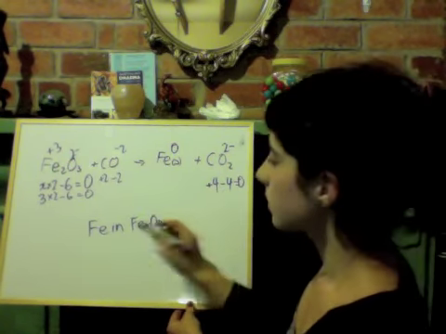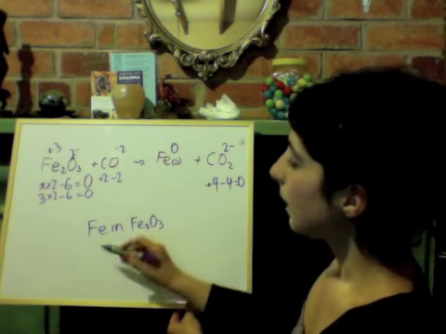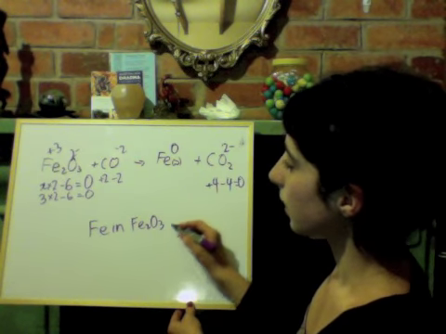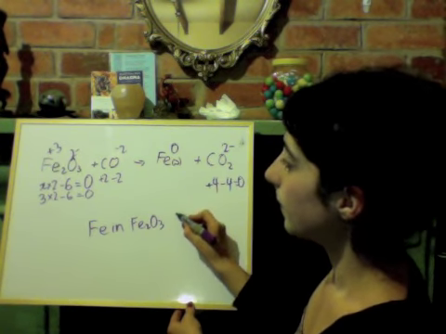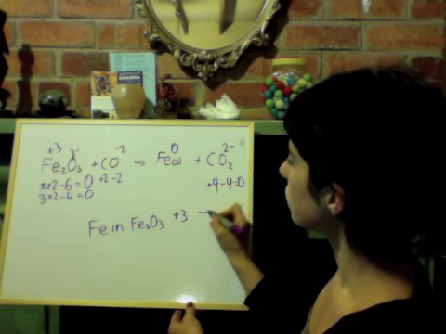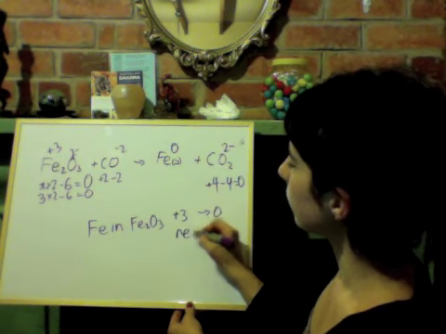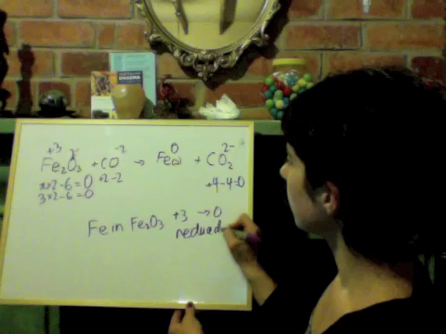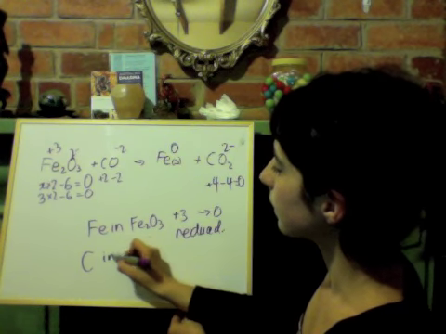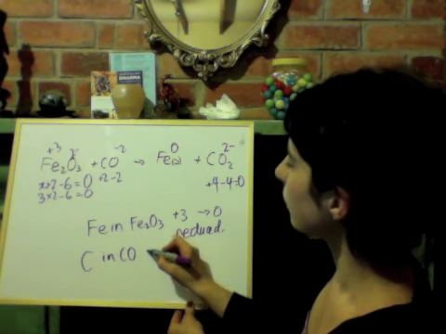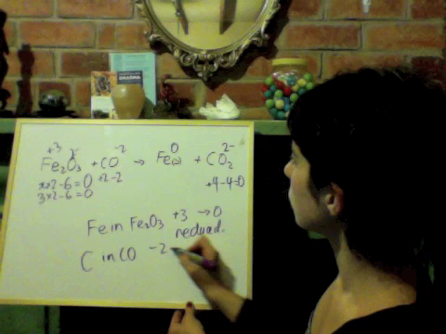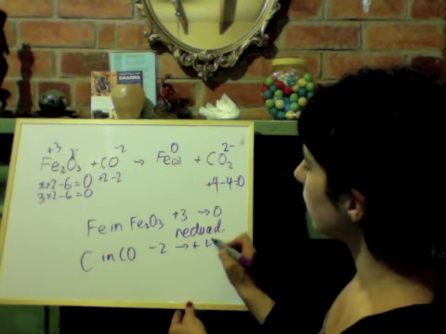So I'll show you an example of that later. But Fe in Fe2O3 goes from a positive 3 to 0, so it has been reduced. Carbon in CO has gone from a positive 2 to positive 4, so it's been oxidized.